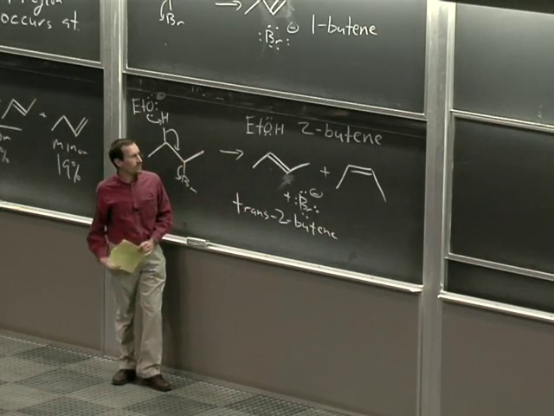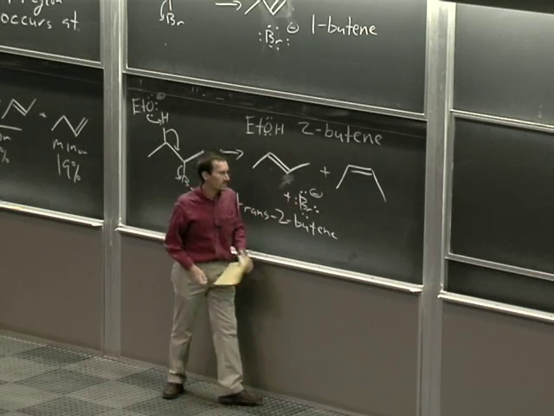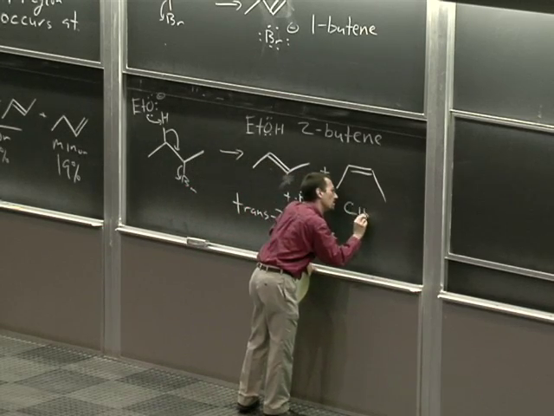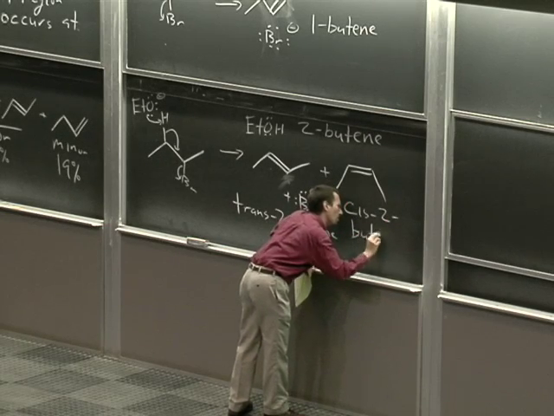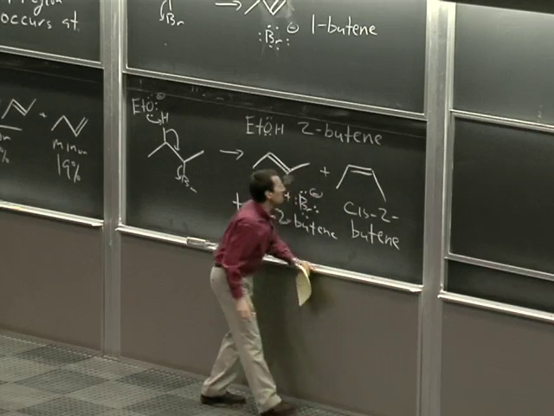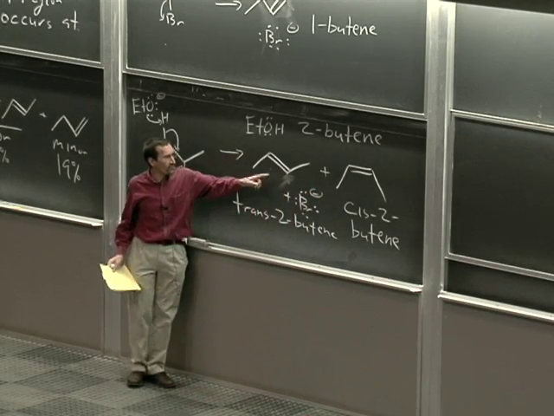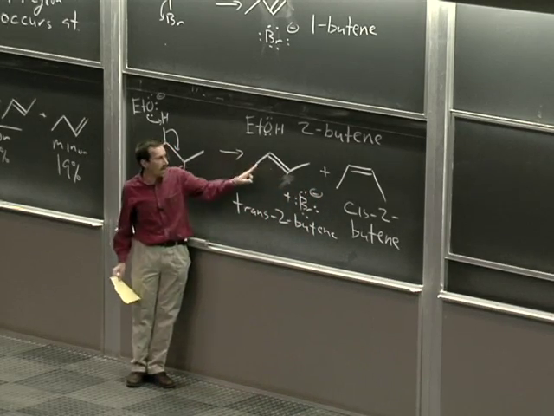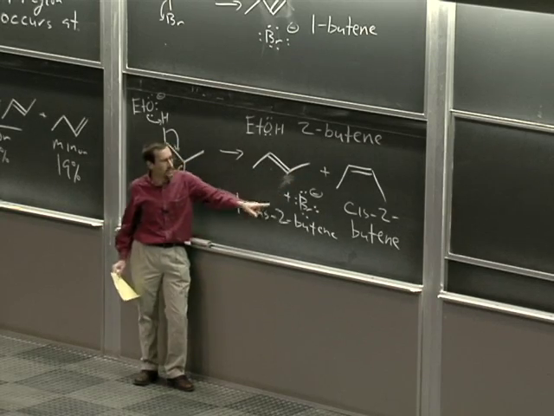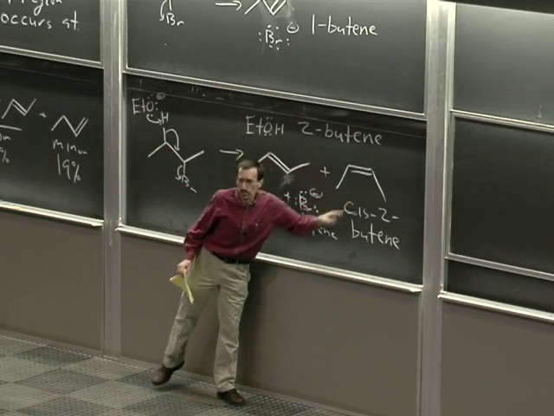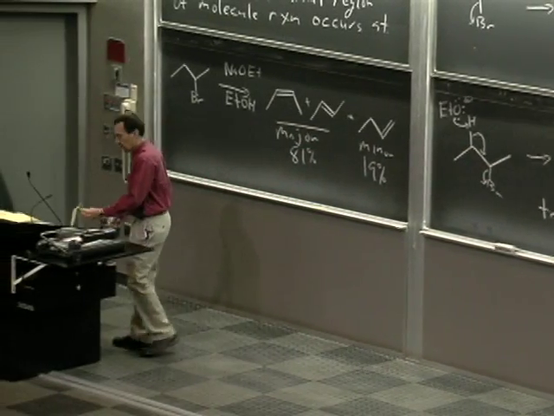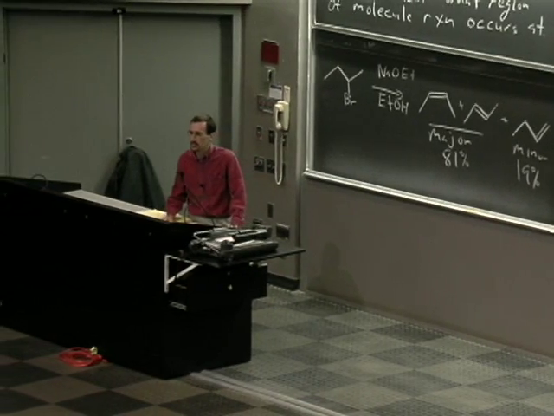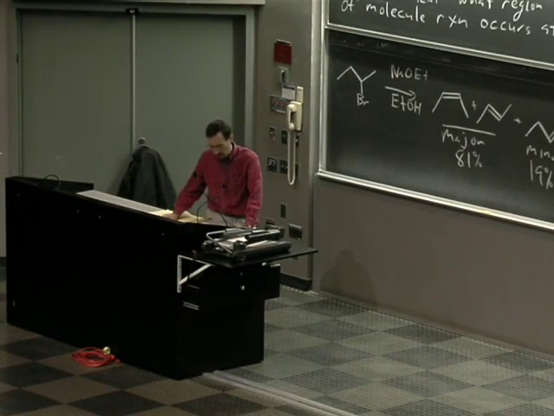And the stereoisomer here is called cis 2-butene. The big difference is whether we have the substituents on opposite sides of the double bond, or on the same side of the double bond. If they're on opposite sides, we refer to it as the trans isomer, and if they're on the same side, we refer to it as the cis isomer.